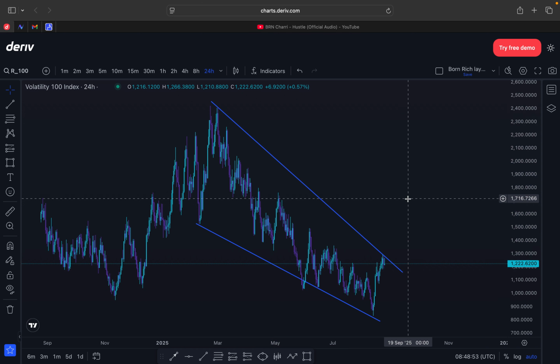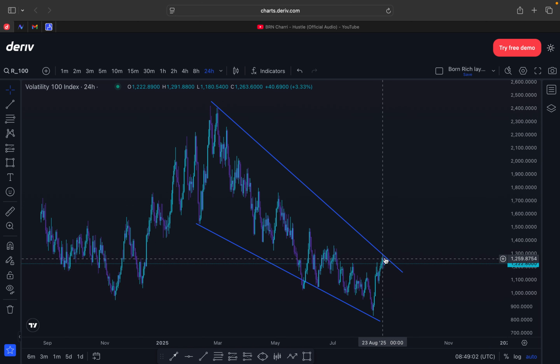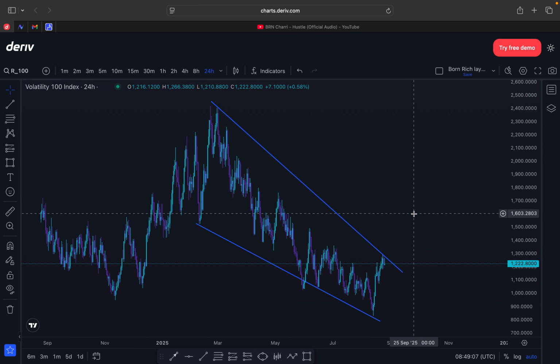Because this is the daily time frame, a lot can happen in a day, so we are expecting rejections around here. We're expecting the market to reject here or break out of this.